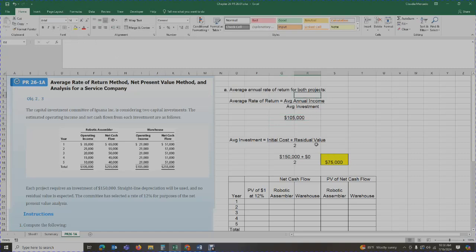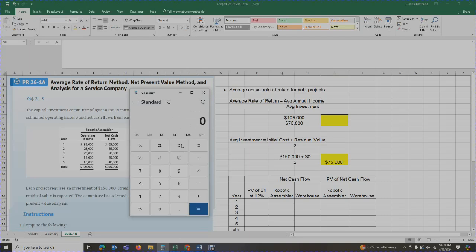I've already calculated my average investment down here as $75,000. Okay, so let's see what that gives us. We're going to get our calculator.